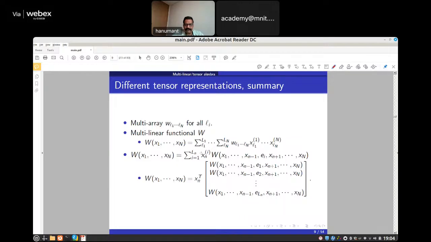Okay, so probably only one thing we will just look at. The multi-array we all know. Multilinear functionals also, I told you that if you put E1 here, E2 or E1 here, so all of these standard vectors, you will get a tensor representation, and you can just have a basic look here.